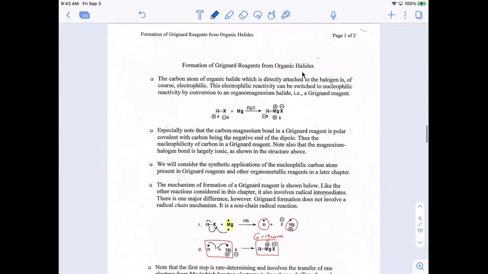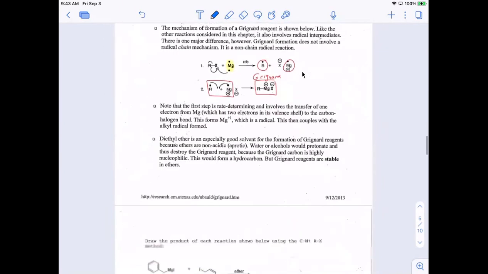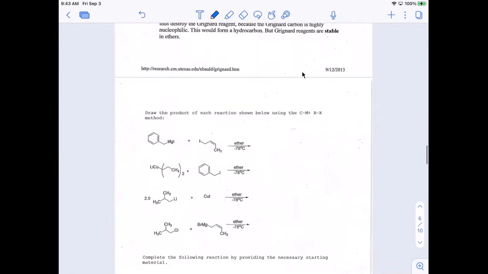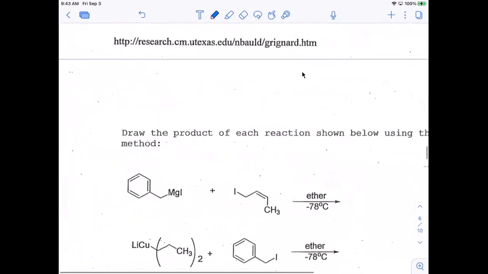So again, the overall theme is the synthesis and application of alkyl halides. One of the ways that we use alkyl halides is to make organometallics. And one of the things that we use organometallics for is to make new carbon-carbon single bonds. So let me put that in here. So we said this is the umbrella that we're studying under.